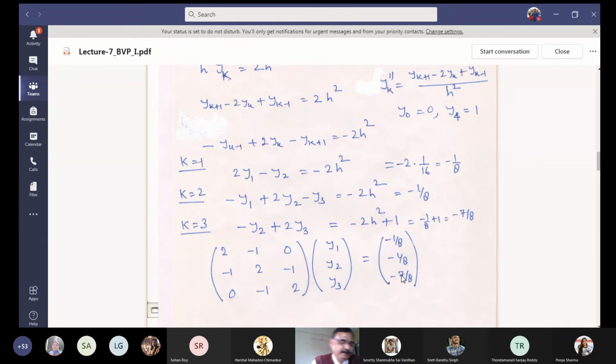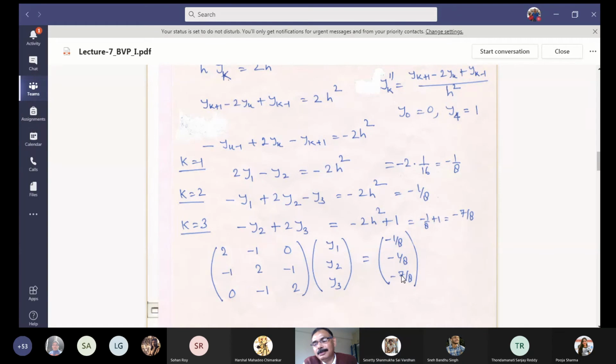What do you do in that? Do you remember something? Snehbandhu? We like, I don't exactly remember. We form the row reduced echelon form. You reduce the matrix equation into upper triangular or lower triangular form.